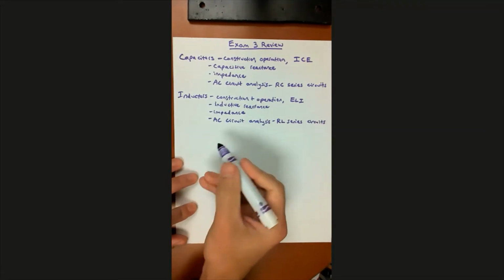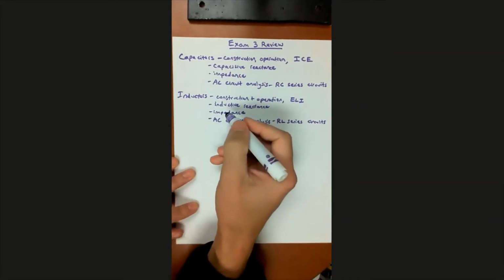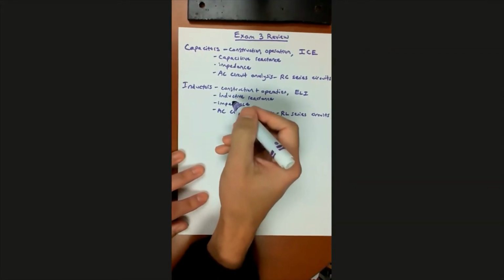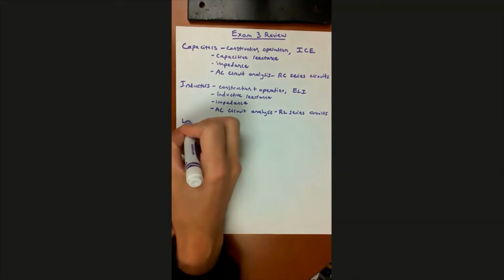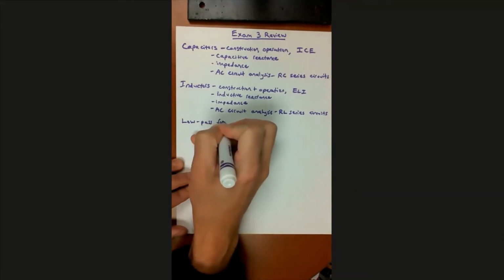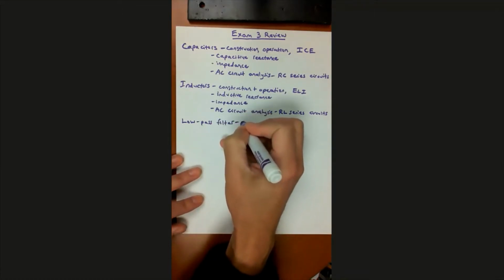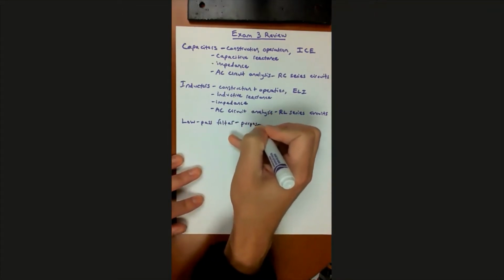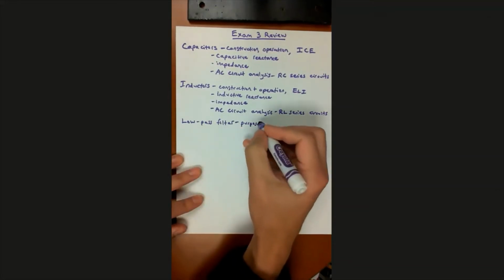Okay, once we had that in our back pocket, once we understood capacitors and inductors, then that enabled us to start talking about filters. And the first one that we talked about was the low-pass filter. The low-pass filter, what is its purpose? It's kind of self-explanatory with the name, but what is the purpose?